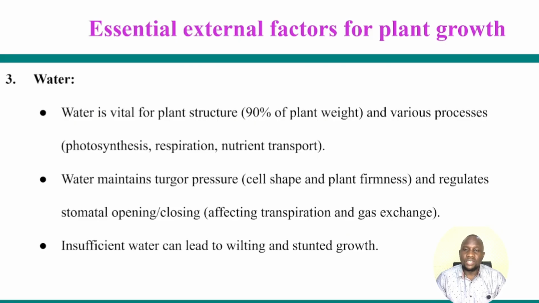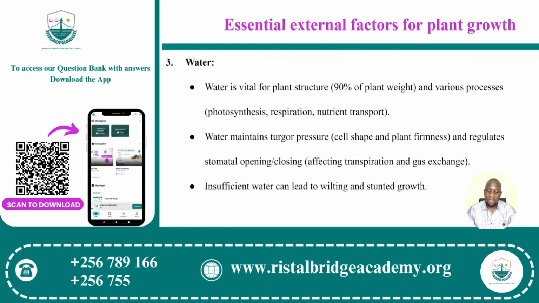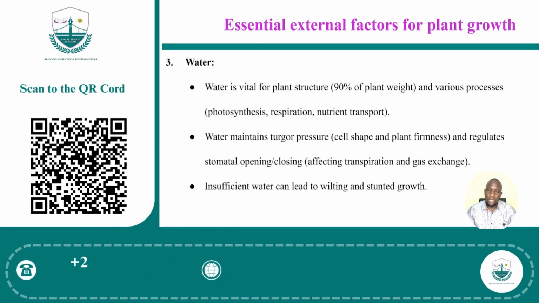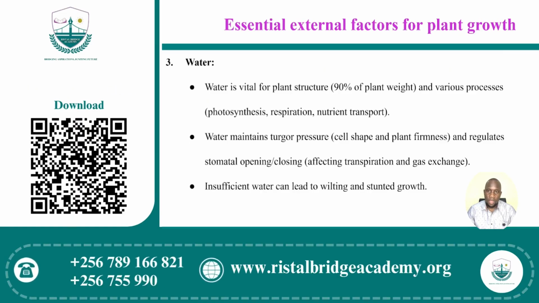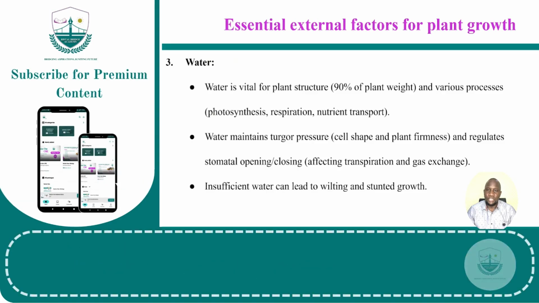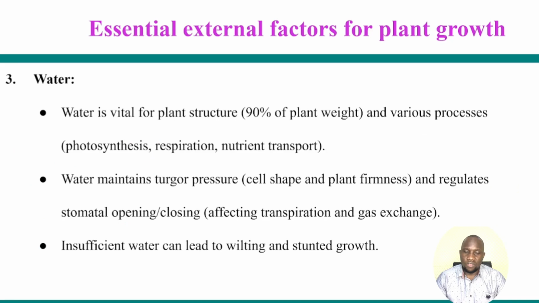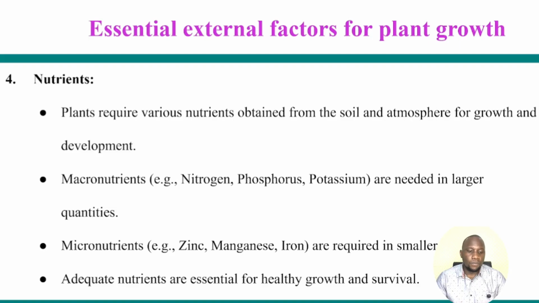This turgor pressure contributes to the support that the plants need in order to be upright and be able to get sunlight, but also to exchange gases through the stomata. Without this turgor pressure, you will not have proper opening and closure of the stomata. So without sufficient water, the plants will wilt and die off.